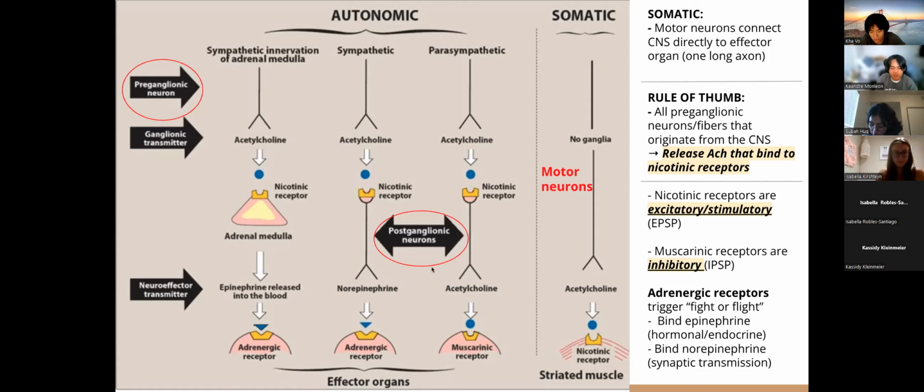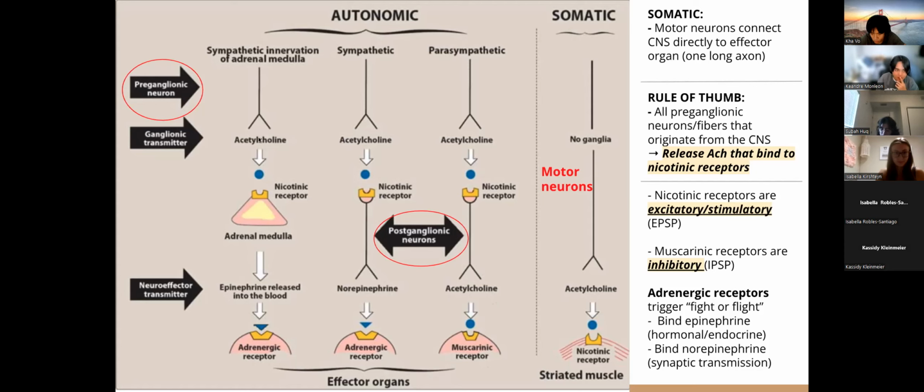So with postganglionic neurons, a signal is transmitted and sent to an effector organ. In terms of the parasympathetic nervous system, when I think of parasympathetic, I think of rest and digest. Just know that it's associated with the muscarinic receptors. When I think muscarinic, I think mushrooms, and that's essentially associated with relaxation. And this is mediated by the binding of acetylcholine.